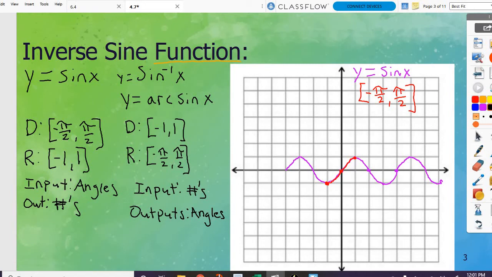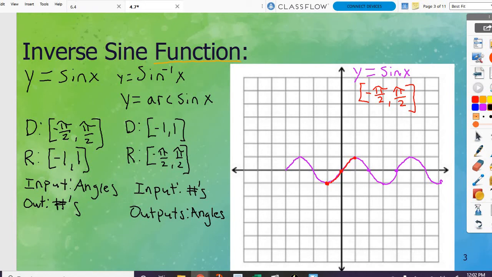Okay. Now, for the most part, I'm not going to ask you to graph your inverse graph. Like you're not going to have to do transformations with it or anything like that. But I do think it is nice to at least look at it.